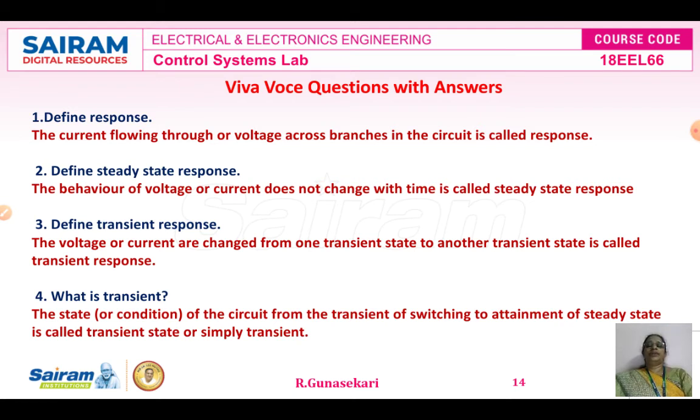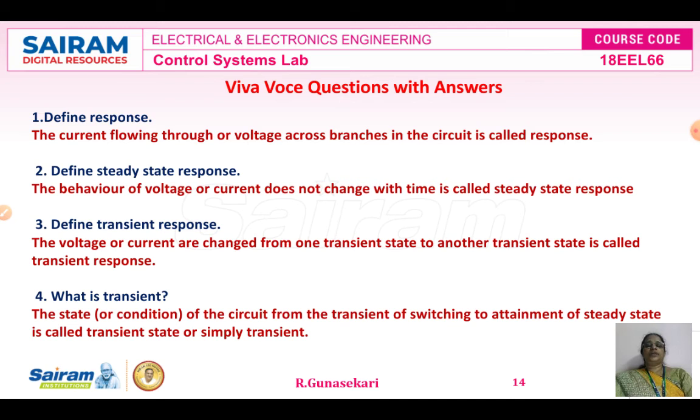First, define response. The current flowing through or voltage across branches in the circuit is called the response. What is meant by steady state response? The behavior of voltage or current that does not change with time is called the steady state response. That is, the steady state response is independent of time.